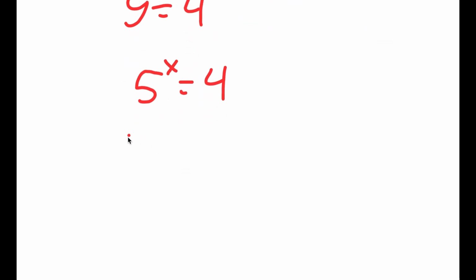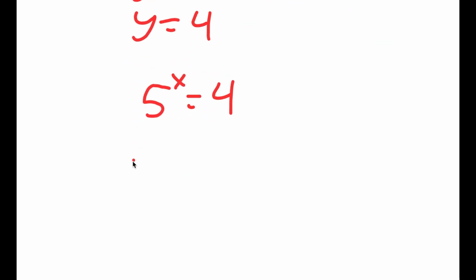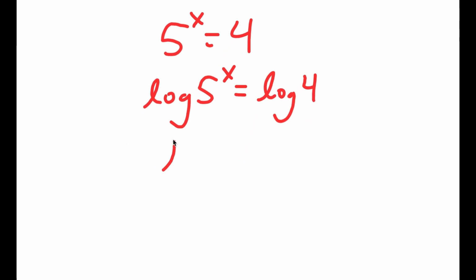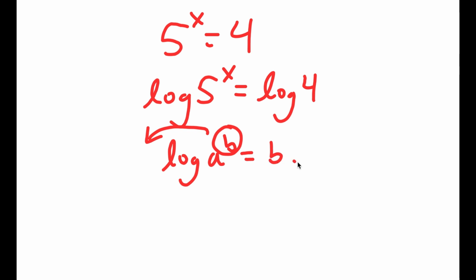And to solve this, I'm going to take the log on both sides. So I get log 5 to the power of x is equal to log 4. And if I have something in the form log a to the power of b, I can move this exponent of b to the front. So it's going to equal b times log a. So in this case, I have log 5 to the power of x, and I can move x to the front.